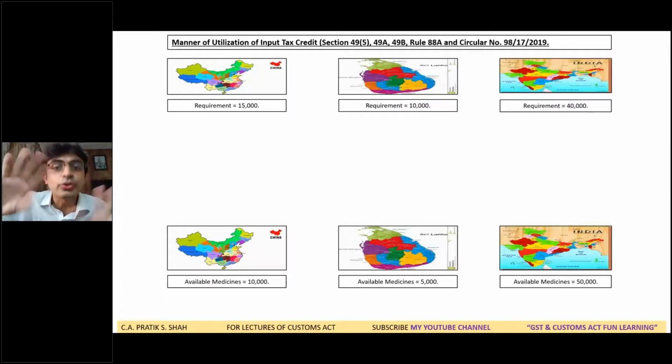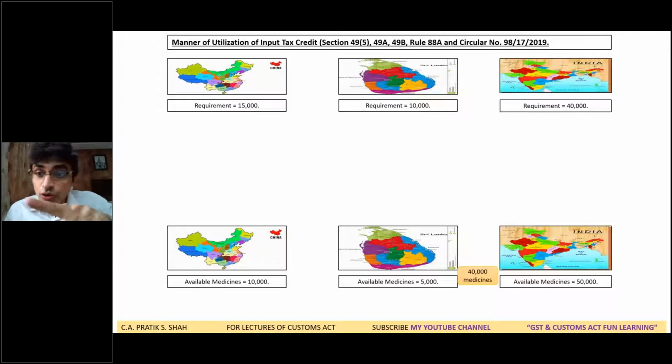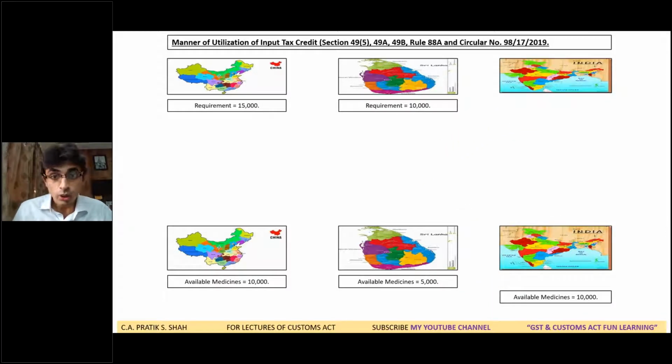India will first give to India. India will first give the medicine, obviously, to the Indian people. So what was the requirement? 40,000. What was the availability? 50,000. So out of 50, 40 met the requirement. India still has a surplus of 10,000. Now India believes in donation.